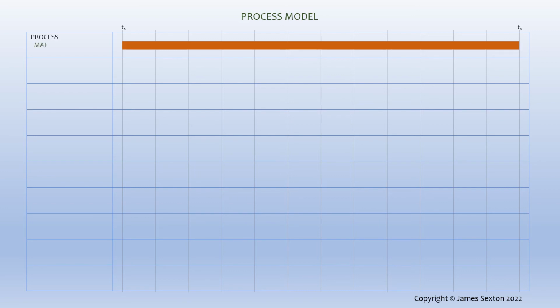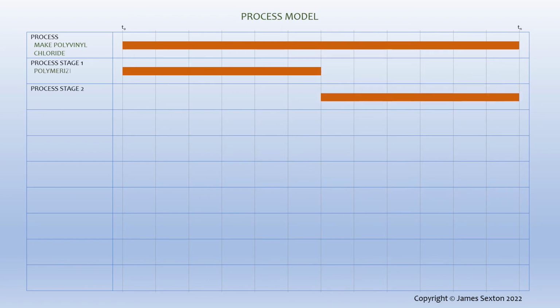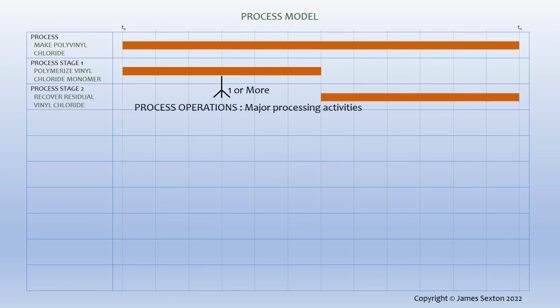The highest level is called a process, to make polyvinyl chloride in this case. The process specifies the order of processing for an entire batch by defining the order of execution of one or more process stages, which are major parts of the process that usually operate independently. In our example, the first two stages are polymerize vinyl chloride monomer into polyvinyl chloride and recover residual vinyl chloride monomer.